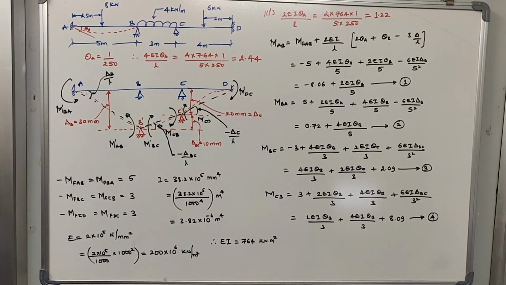Second, joint B sinks by 30 mm downwards. Third, joint C sinks by 20 mm downwards. The beam has constants I equals 38.2 into 10 raised to 5 mm raised to 4, and E equals 2 into 10 raised to 5 Newton per mm square. So this is the problem that was given to me.